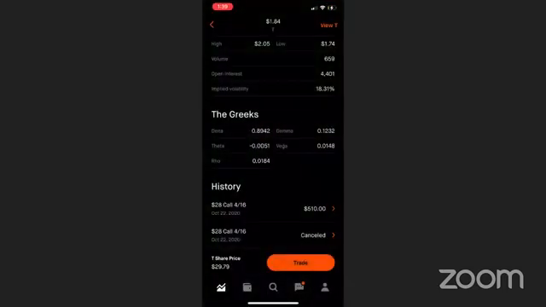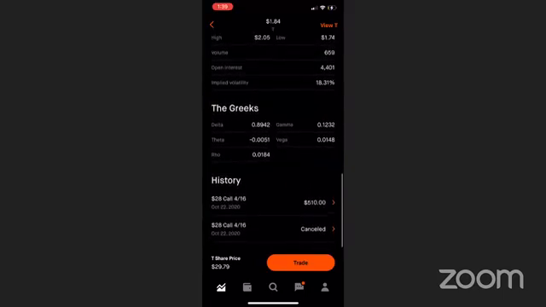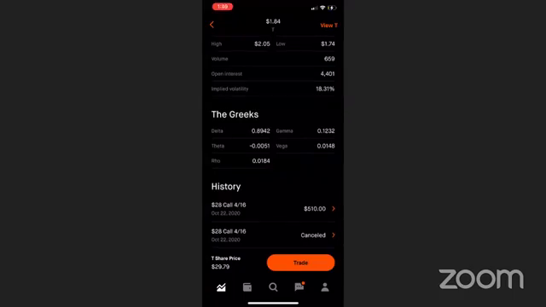All right, so in this case, delta, if you look at this Greek here, delta on this contract is 0.89. That means for the very first $1 per share that this stock moves up or down, the underlying asset that goes up or down, that will have an 89 cents per share impact on the premium of this options contract.